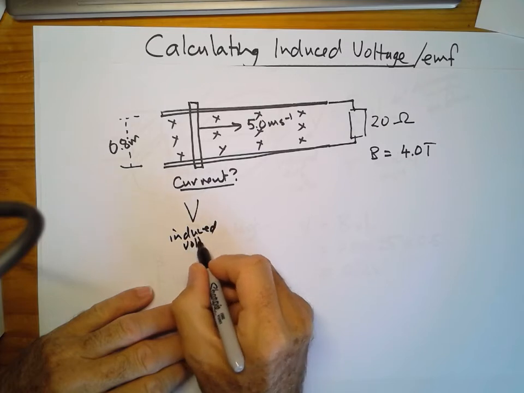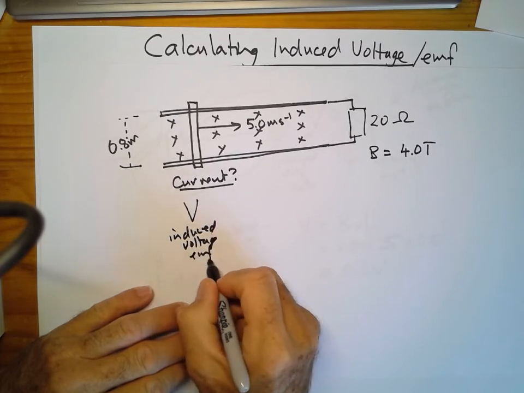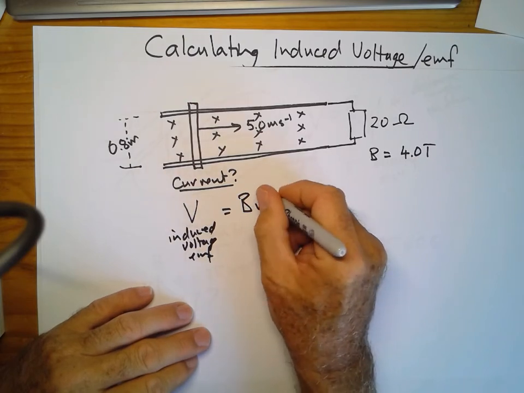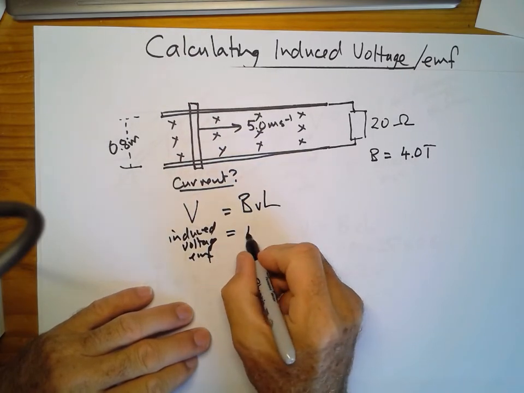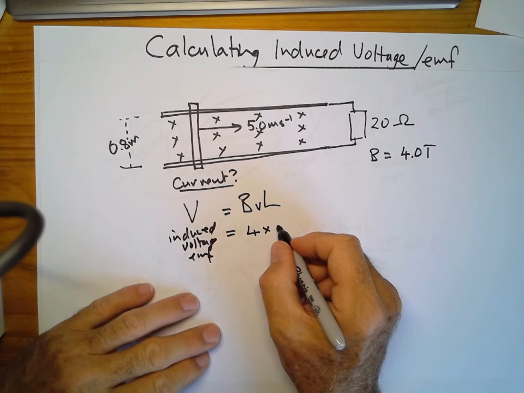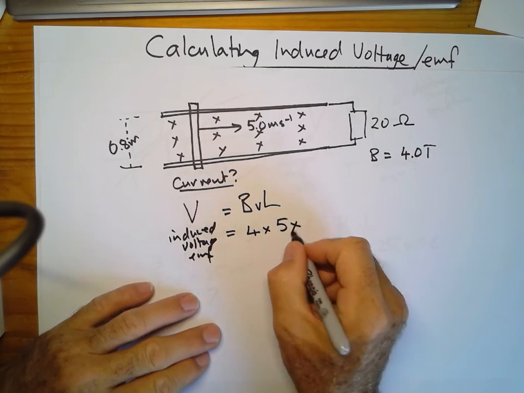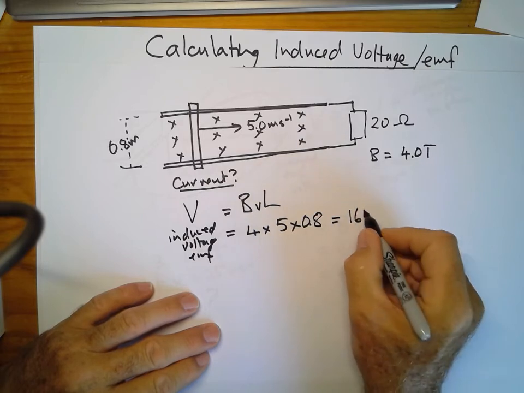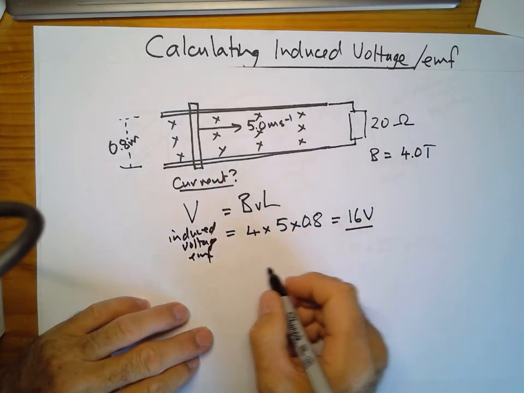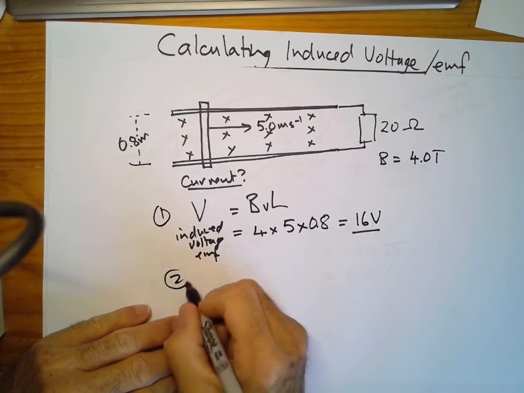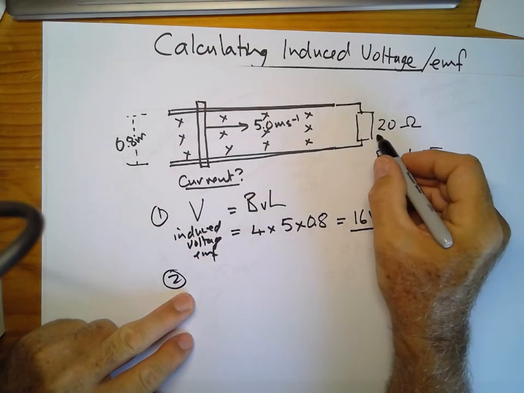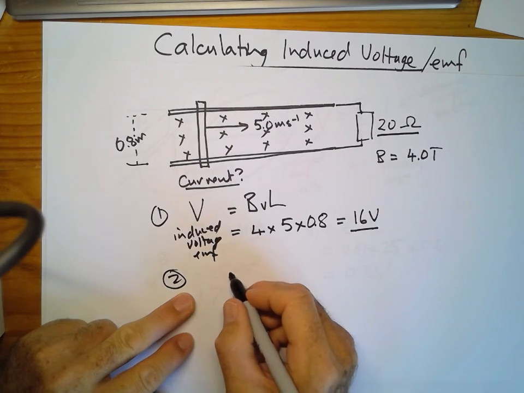The induced EMF equals BvL is equal to 4 times 5 times 0.8 equals 16 volt. Secondly, we use Ohm's law, where we've got 16 volt, 20 ohm, and we need to find the current.